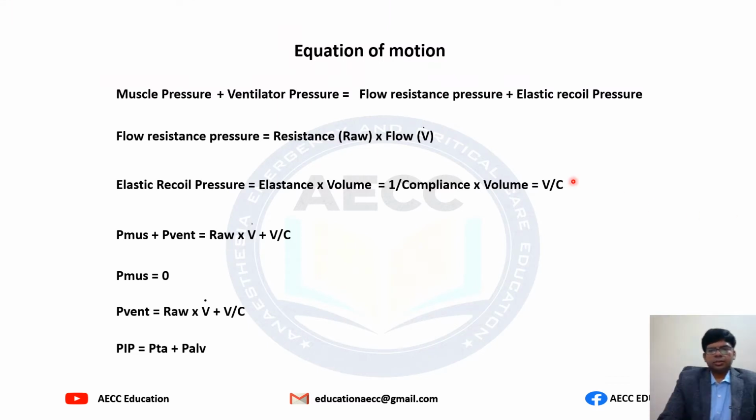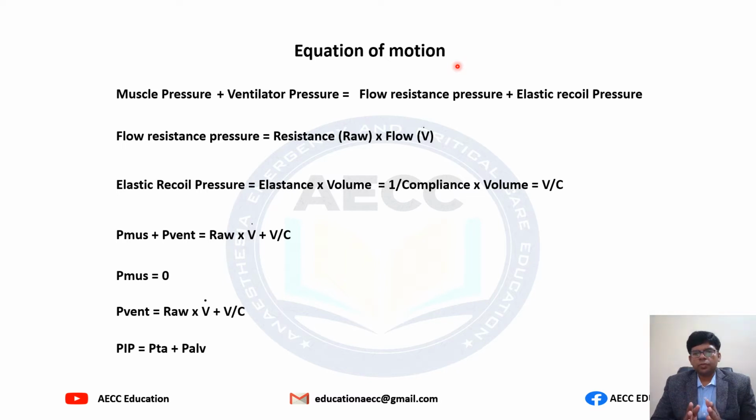I already discussed the equation of motion in the previous class. Let's revise it again. Normally, two types of force oppose the inflation of the lung: the frictional force and the elastic force.